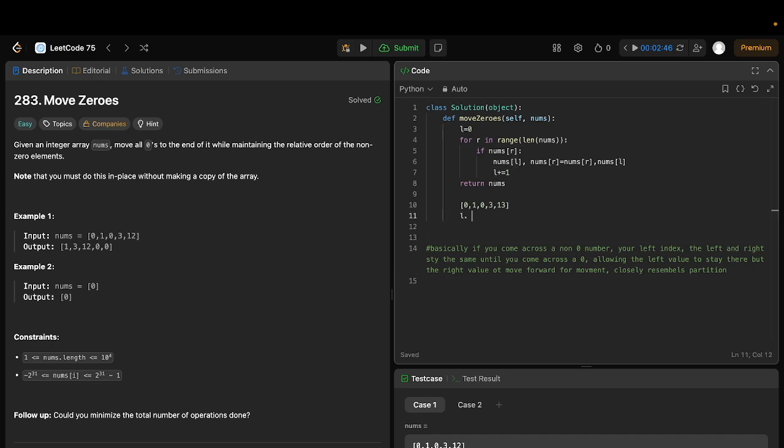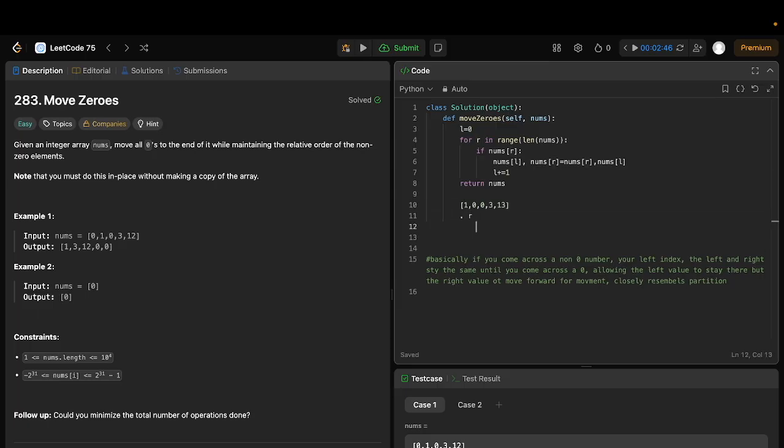So we put R right here. Then we say, if nums at R, which is a non-zero number, then we swap these two values. Let's put 1 right here and put a 0 right here. Then L plus equals 1, so our L is going to move.